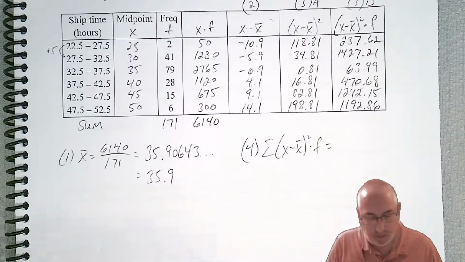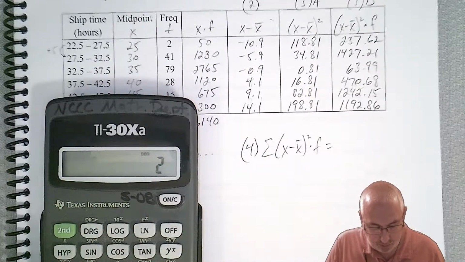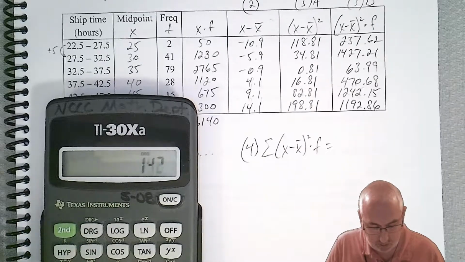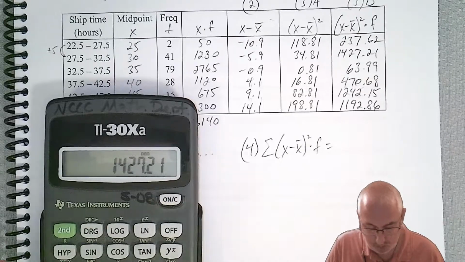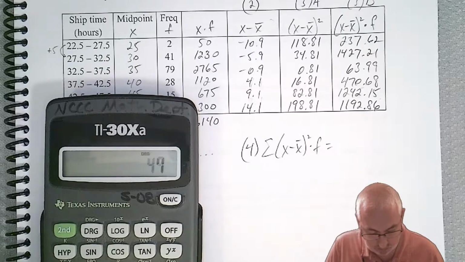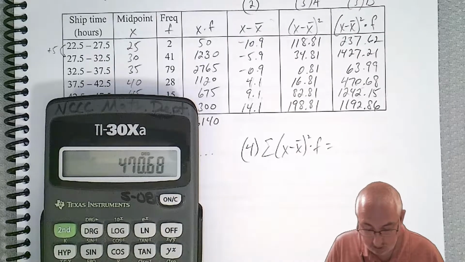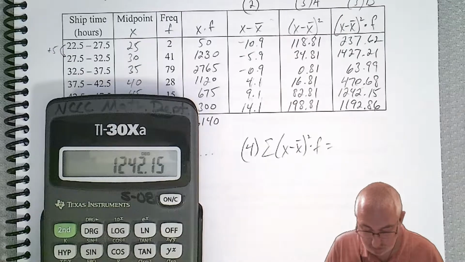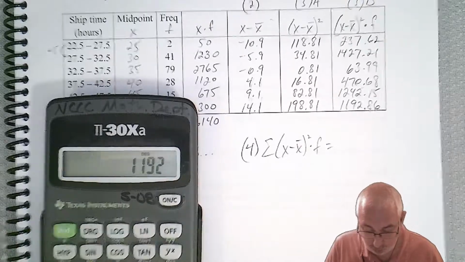Now last column, 237.62, 1427.21, 63.99, 470.68, 1242.15, 1192.86.